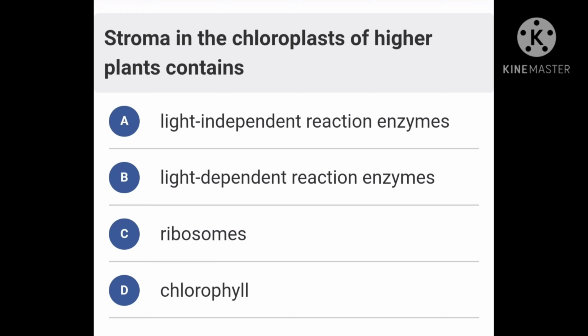The light dependent reactions are catalyzed in the grana of the chloroplast, leading to the formation of assimilatory power of ATP and NADPH. These are then used in the light independent reactions, also called the dark reaction, in the stroma of chloroplast. The enzymes for the dark reaction are present in the stroma of chloroplast. Hence, the correct answer is light independent reaction. Option A is the right answer.